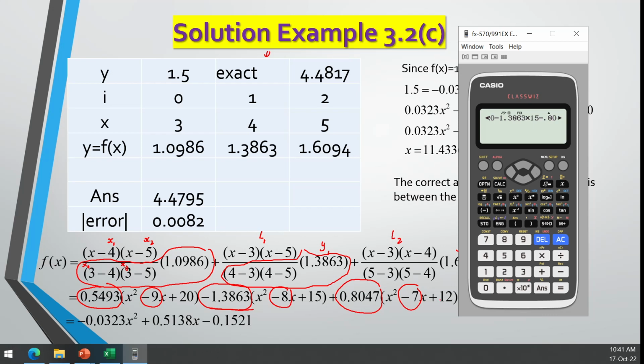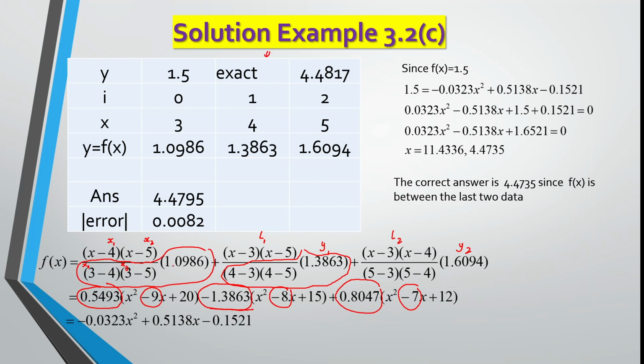And then it's positive, the last one times 15, and this is plus 0.8047 times 12. So you get here negative 0.1521.